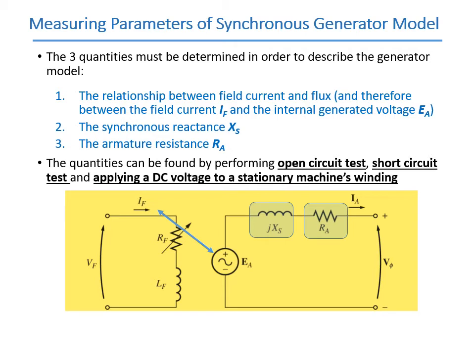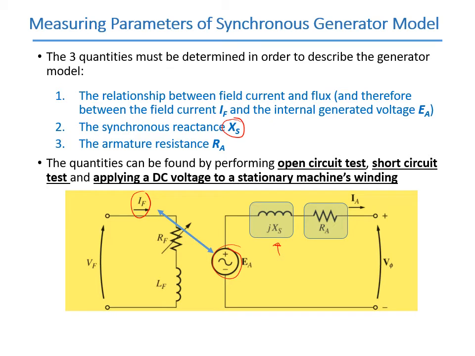The first one is the relationship between the field current IF and the flux, and therefore between the field current IF and the internal generated voltage EA, which is the link between the field circuit and the armature circuit. So we need to have this relationship. The second one is the synchronous reactance XS.